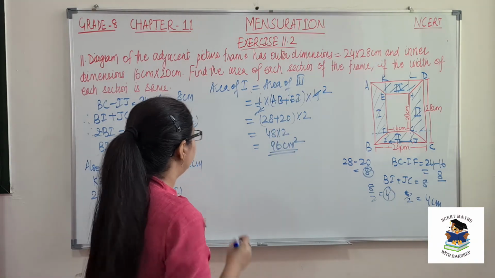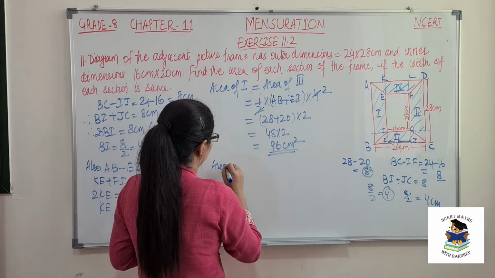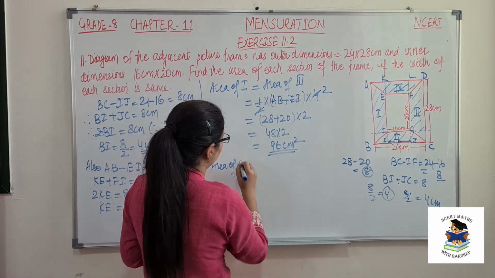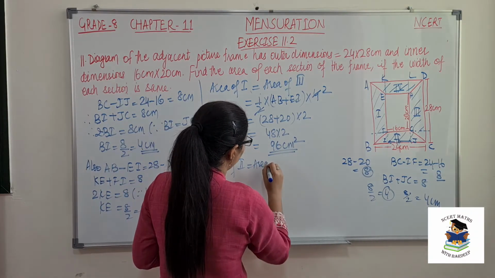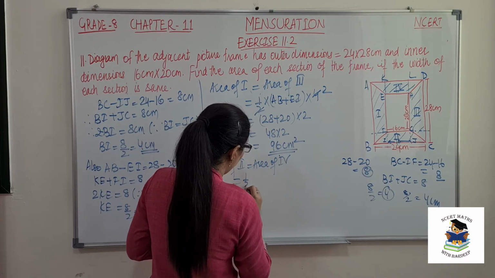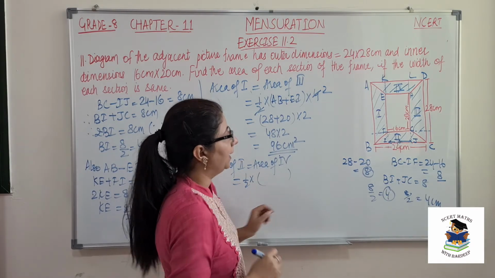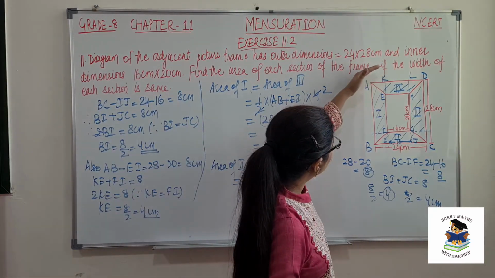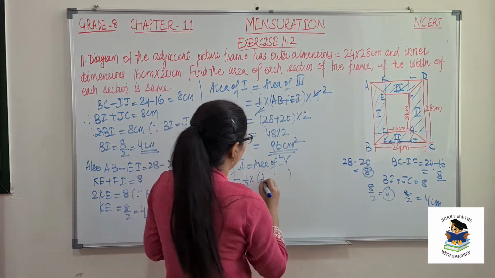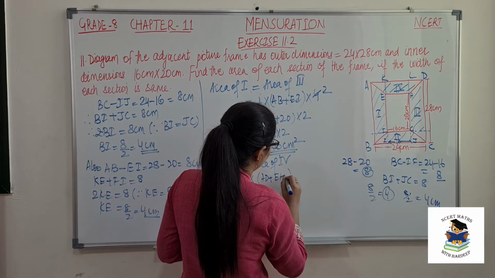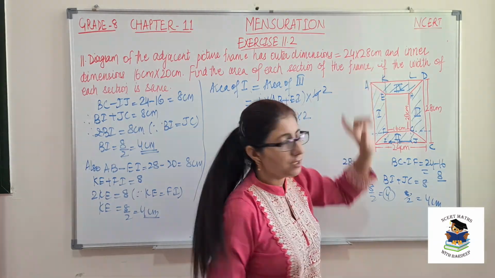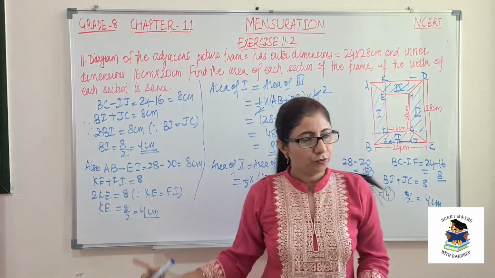Now let's see area of 2 and 4. So area of 2 is equal to area of 4. Again, half into the sum of their parallel sides. If I am taking this one, this is AD and EH. So AD plus EH multiplied by this perpendicular distance. This perpendicular distance we have already calculated as 4 centimeters.